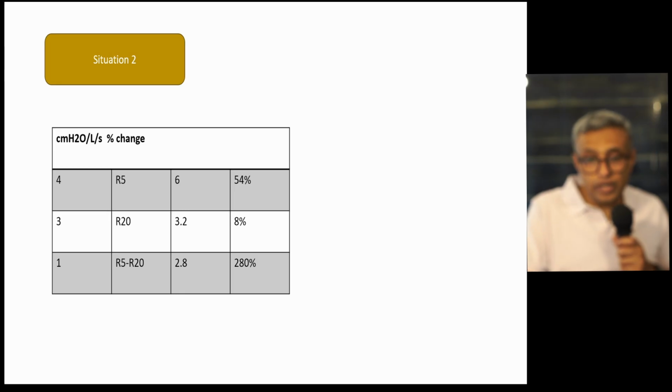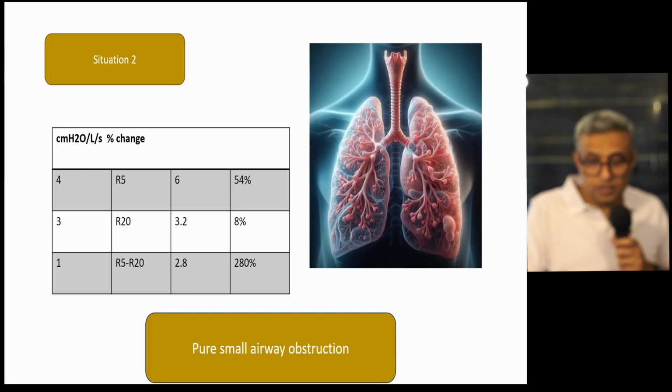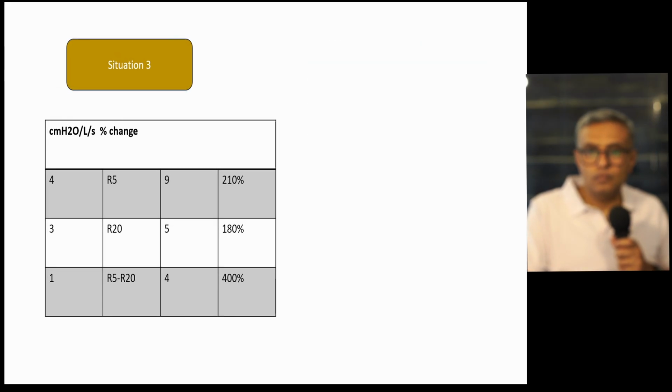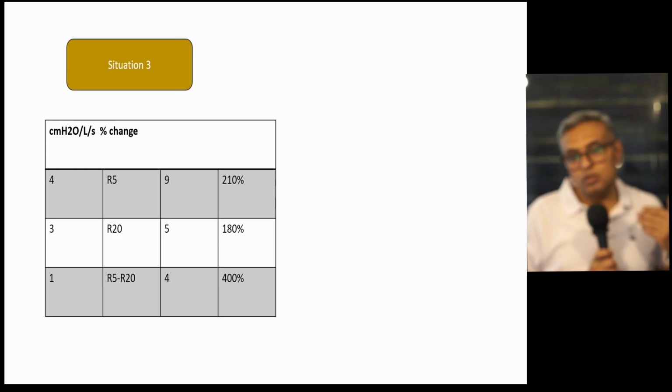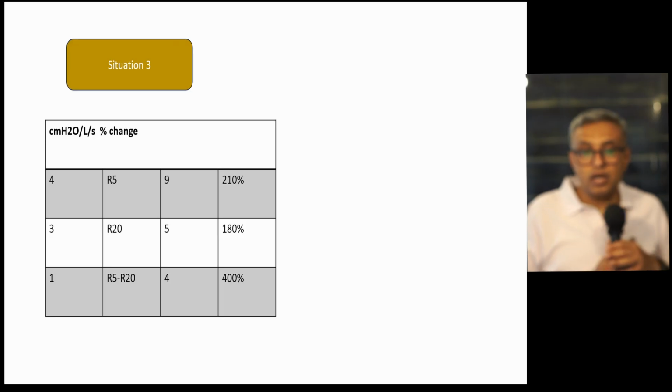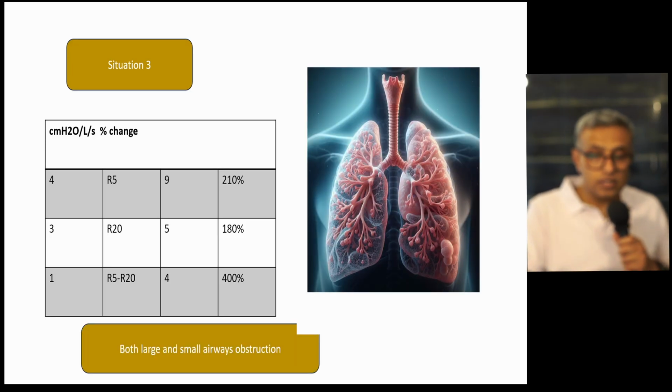This is very typical of small airway disease. And we have another case where R5, R20 and R5 minus R20 are all increased, which is suggestive of both large and small airway obstruction.